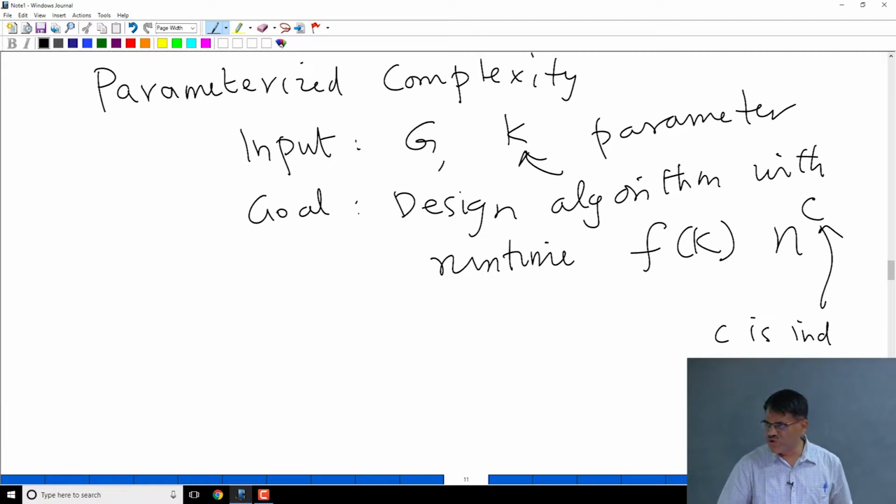So this is like an n square. So you are mentioning that for a fixed k it is polynomial time, even if it is n power k. I would call it a fixed k, it is polynomial time, but here I want C independent of k.